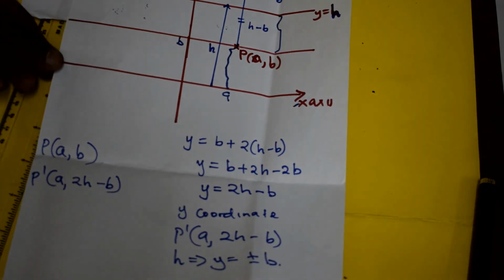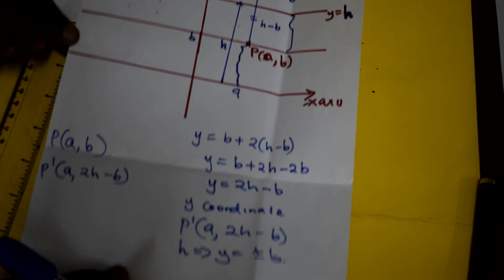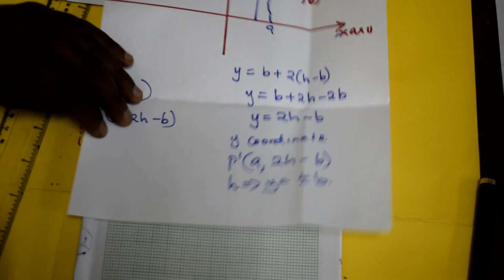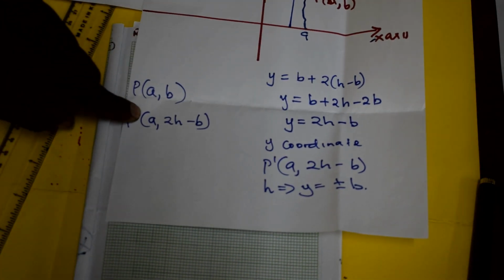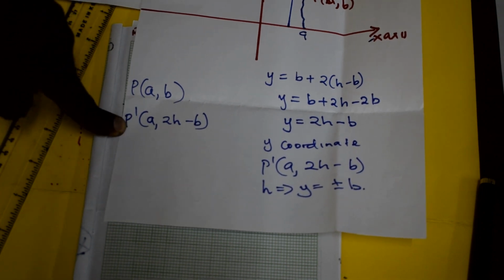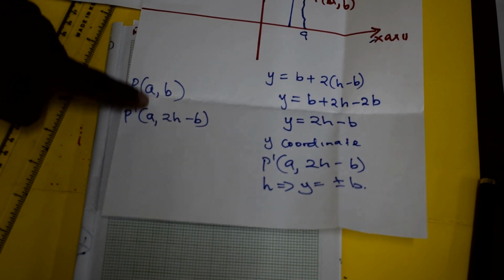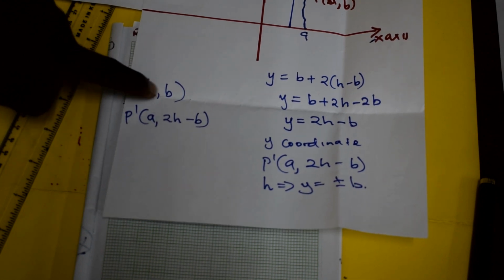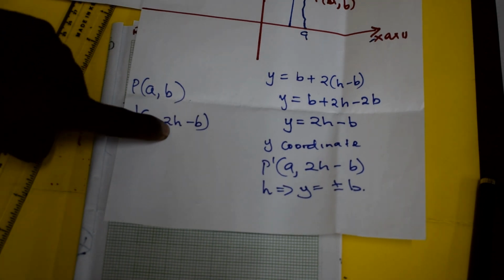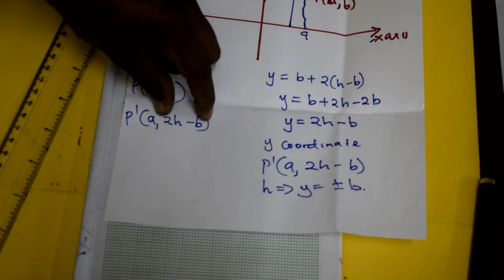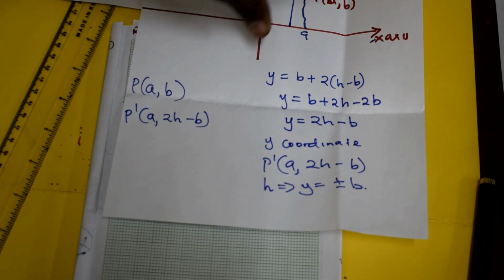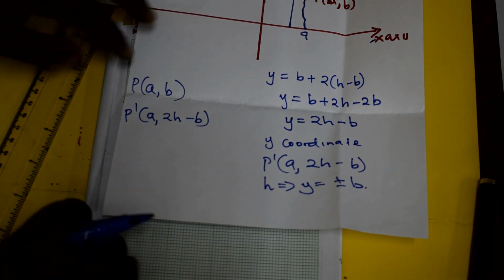Therefore, when we are having a point P, which is (a, b), now its image will be a, because we have said the x coordinate is not changing, then 2h minus b, where 2h minus b gives us the y coordinates, and h is the value that was given as the equation.